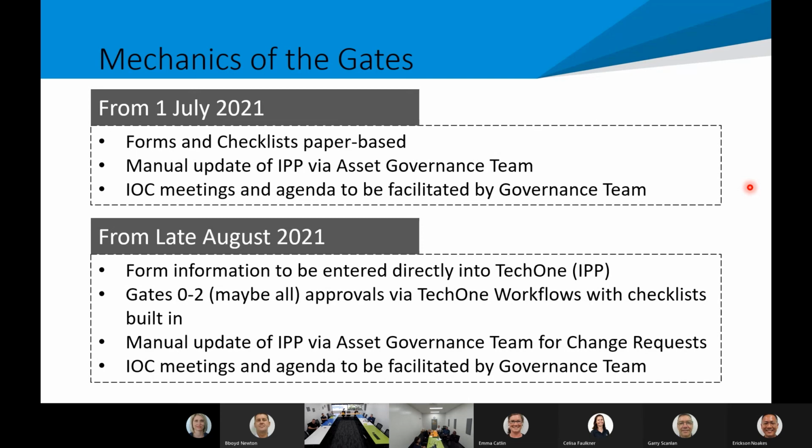But the key change, and this is where the progress is, is that those forms and checklists won't just sit as an attachment in the IPP. All the fields in them are going to be updated to actual fields that exist in IPP. So we can run reports and look at these projects and look at all the fields of data that we're filling in for them.